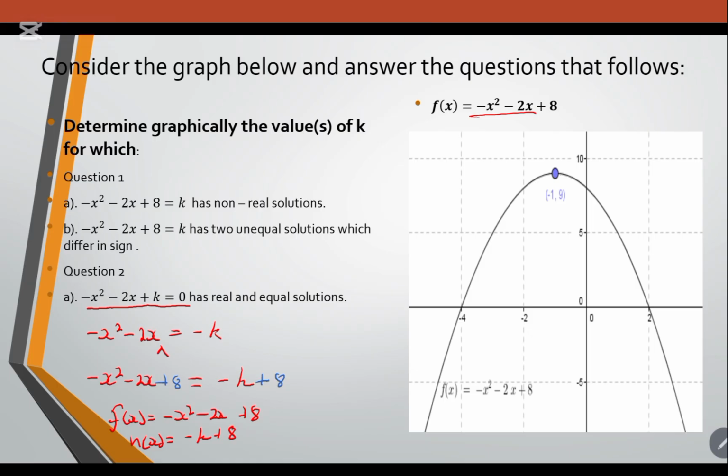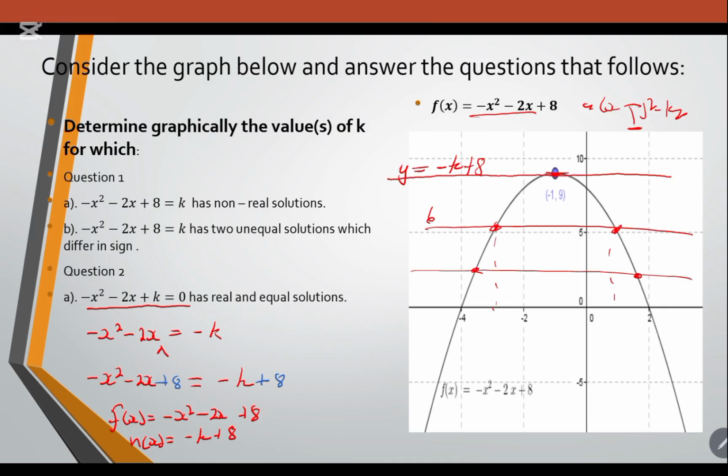So we're saying, what is the value of k such that this equation has real and equal solutions? They can only be equal at the turning point. Why? Because at the turning point, that is where we have one repeated value of x.